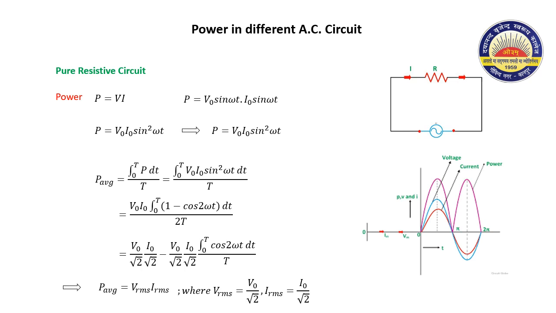So the power P can be written as the product of voltage and current. So we will get P is equal to V naught sin omega t I naught sin omega t. Solving this, we will get P is equal to V naught I naught sin square omega t.